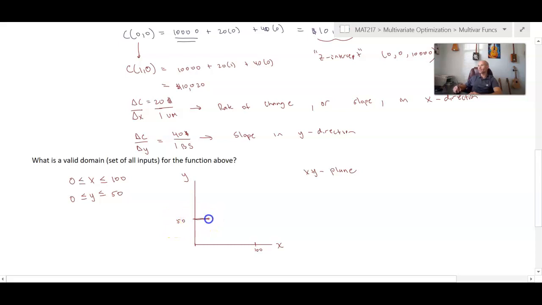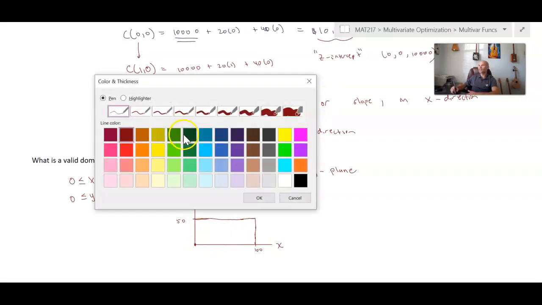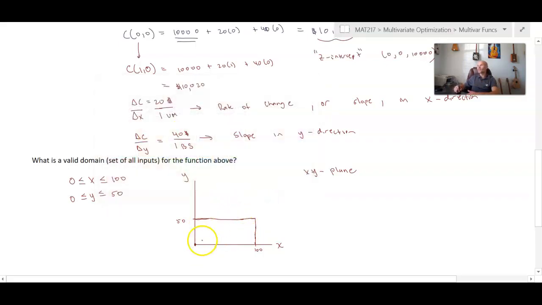So basically, the inputs that I could give this function are any ordered pairs between 0 and 100 and 0 to 50. It's not sufficient just to state the interval of values for x. We also have to do the same thing for y. Now, since we're selling units of something, it's not every single point in here.